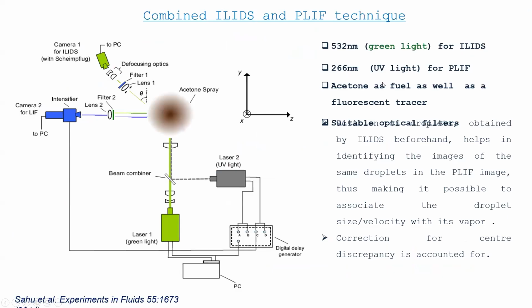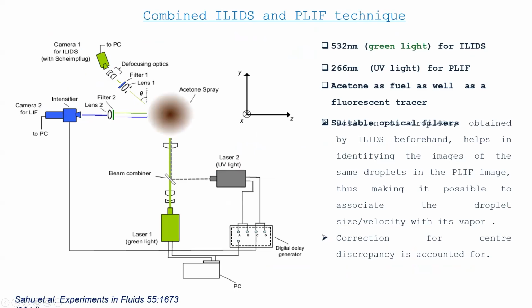Okay. So again, to briefly give you an overview of another application of the ILIDS technique, where it was combined with planar laser induced fluorescence technique. So till now we considered measurement of the carrier phase.